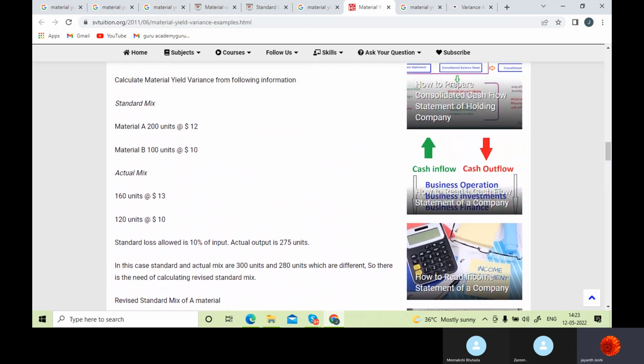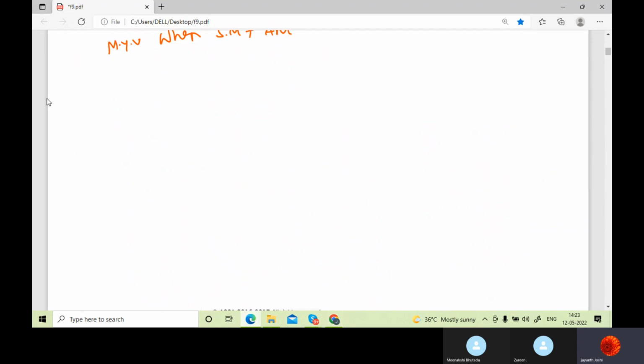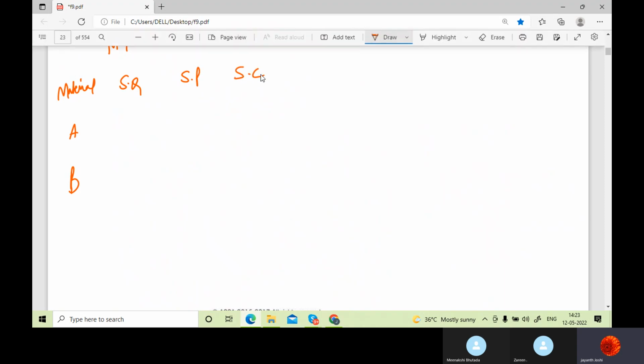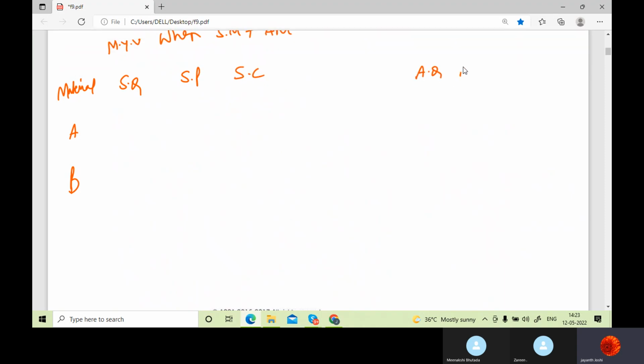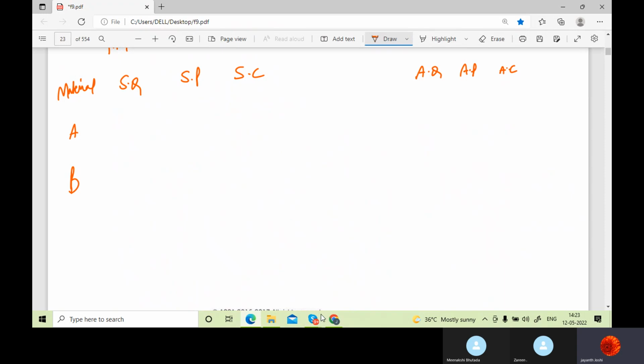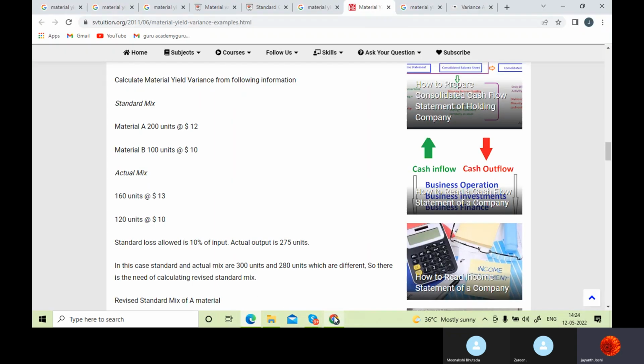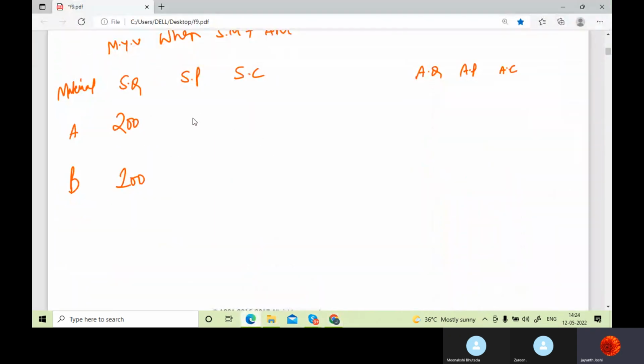So material A. We'll make the columns again. Standard quantity, standard price, standard cost, actual quantity, actual price, actual cost. Okay. Standard quantity is 200 and 100. Standard price is 12 and 10.